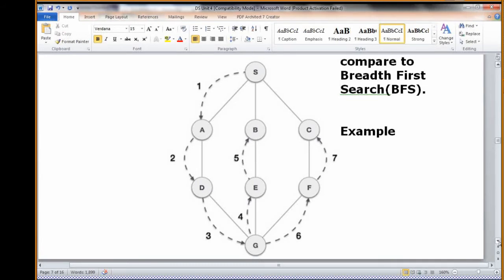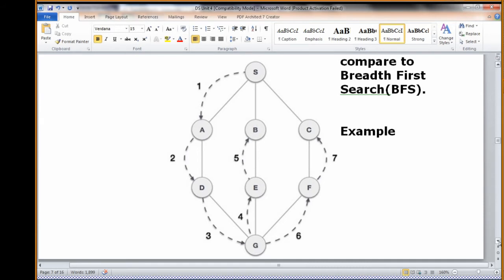So like that, S is immediately added to the visited array. Then S to A will be added, and D will be added, then G will be added. From G, it checks that D, E, F are connected. D is already visited, so E it will visit, and from E it will check B is there, and B it visits.